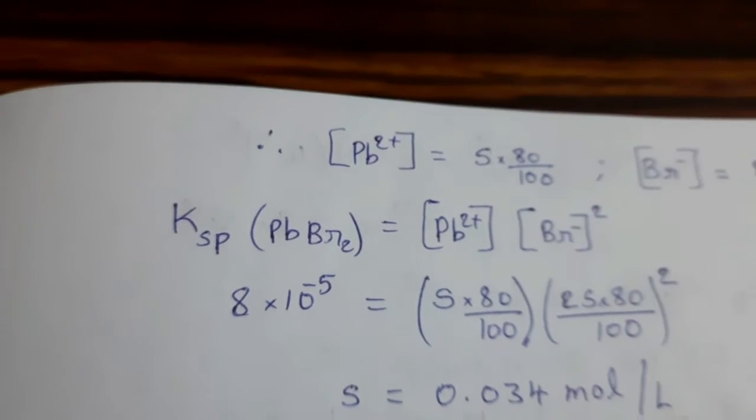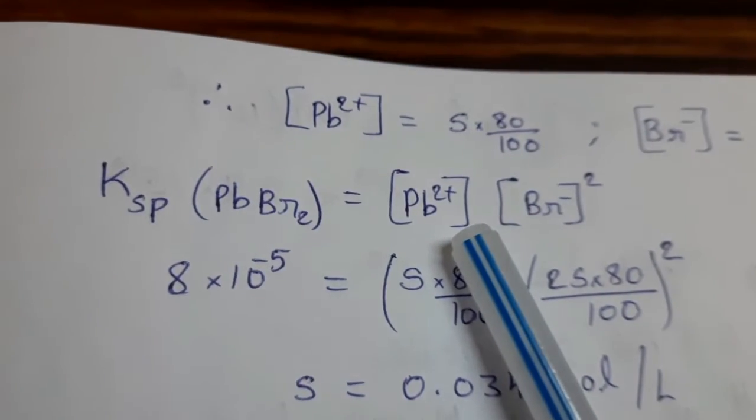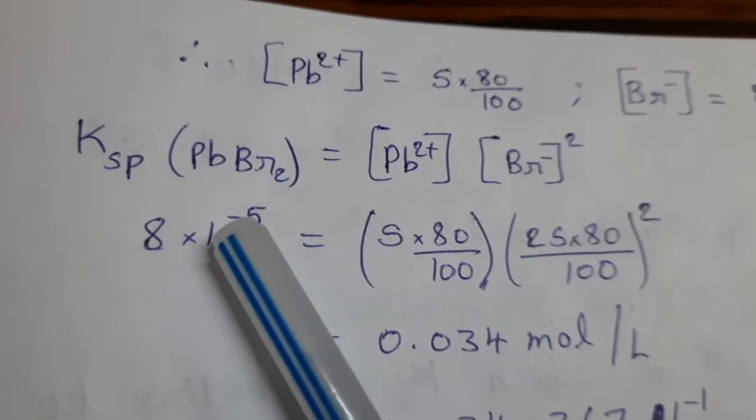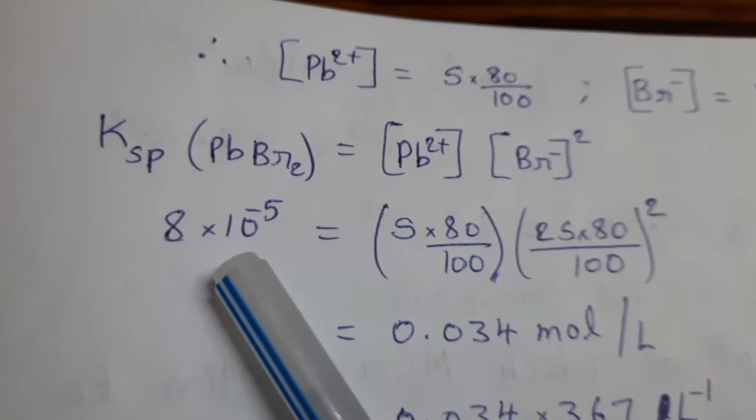Now Ksp of PbBr2 equals [Pb2+] into [Br minus] whole power 2. Substitute values. Ksp of PbBr2 is given in the question.